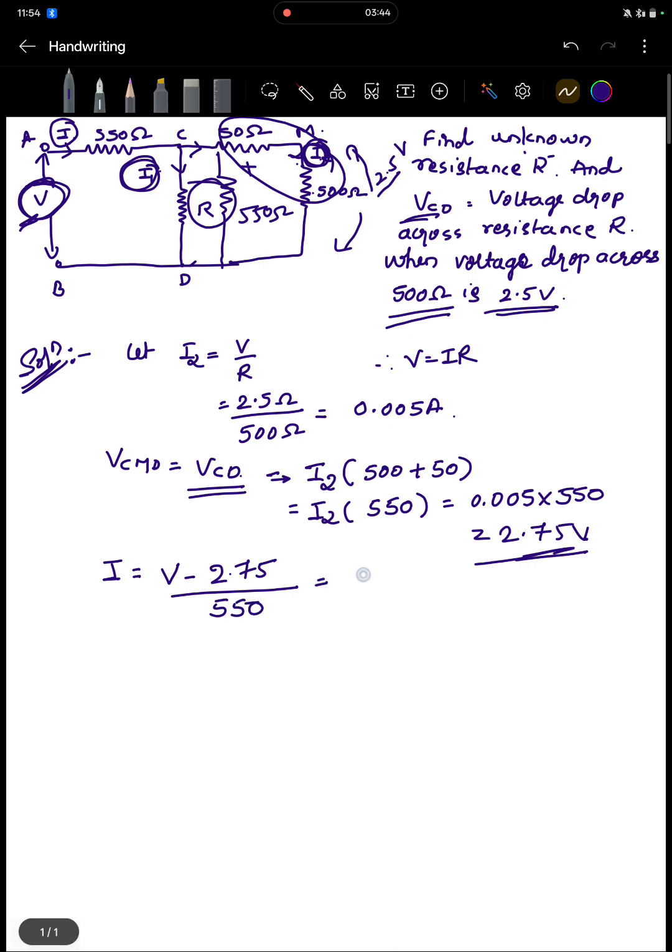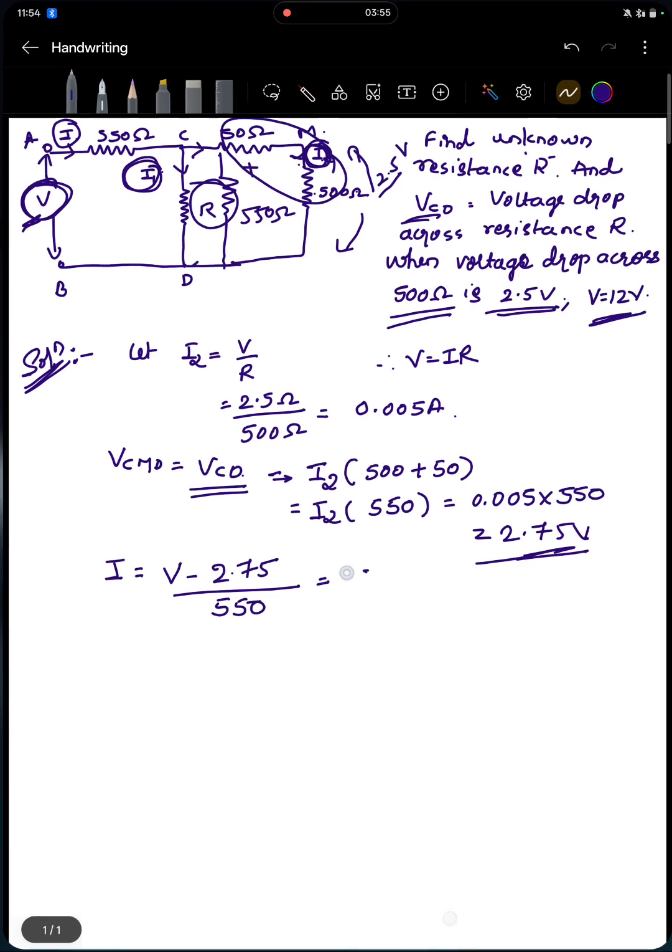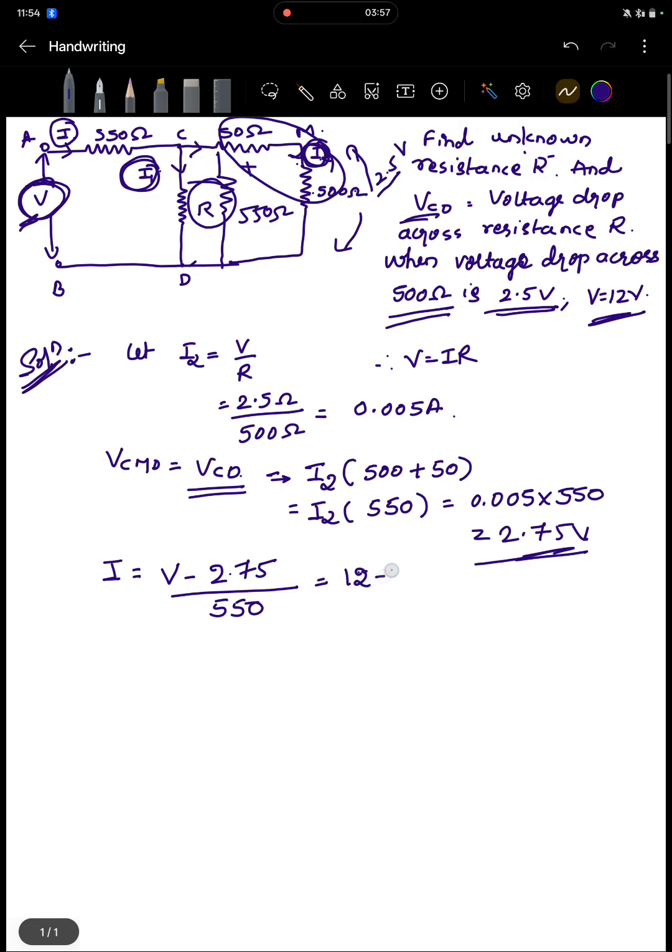The voltage V is mentioned in the problem itself: V is equal to 12 volt, that is the source voltage. So 12 minus 2.75 divided by 550 ohm is equal to 0.0168 ampere.